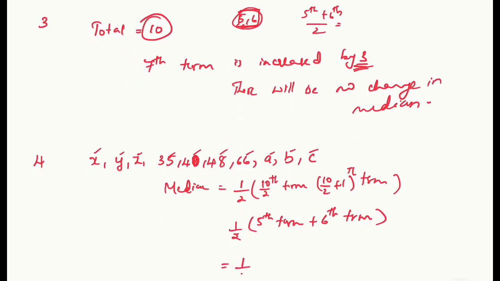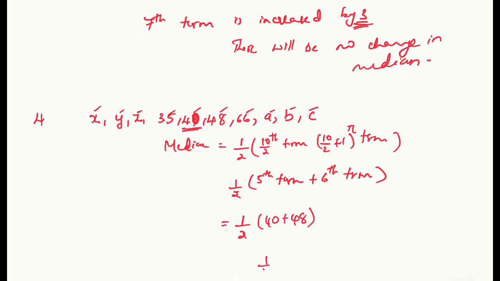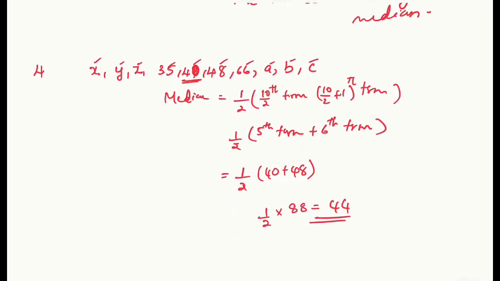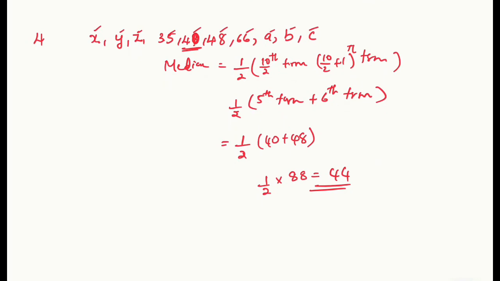Which is the 5th term here? 1, 2, 3, 4, 5. This is half of 40 plus 48, so half of 88 equals 44. So 44 is the median.